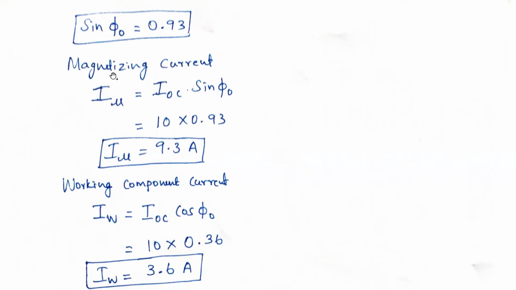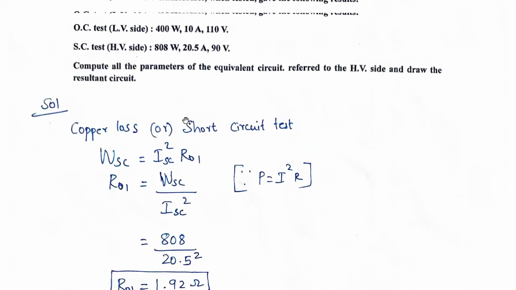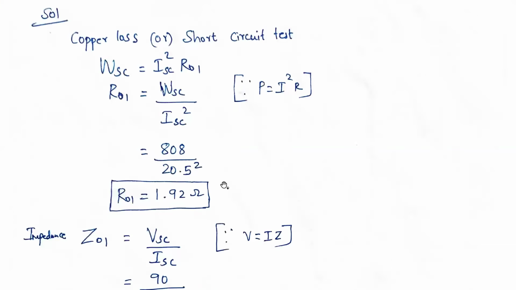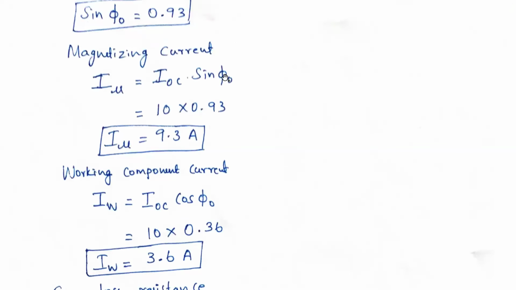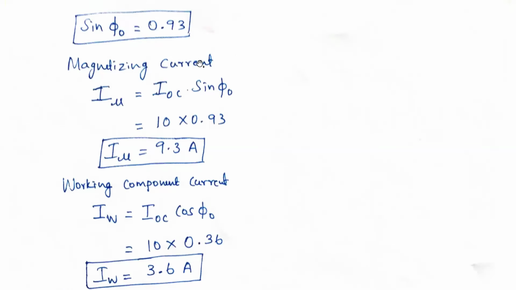Now we need to calculate the magnetizing current as well as the working component current. The magnetizing current I mu, in some books mentioned as Im or I mu, whatever notation you use, is equal to I_OC, the open circuit current, into sin phi naught. The open circuit current from the problem is 10 amperes, and sin phi naught we calculated as 0.93.